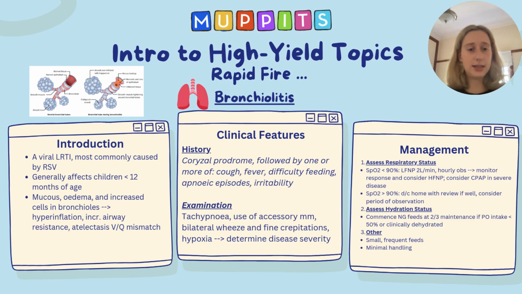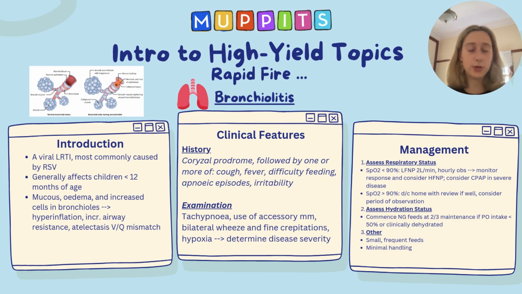In terms of assessing the hydration status, you're most likely going to commence nasogastric feeds at 2/3 maintenance, as we spoke before, if you determine that their oral intake is less than 50% or if they appear clinically dehydrated. Other important principles of management are small frequent feeds, because the infant might have trouble feeding.